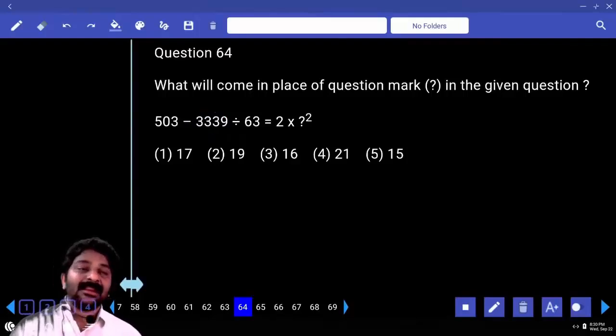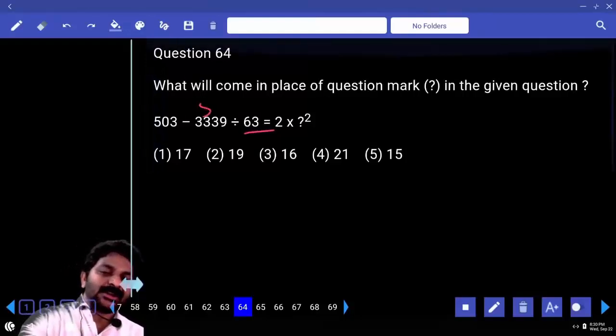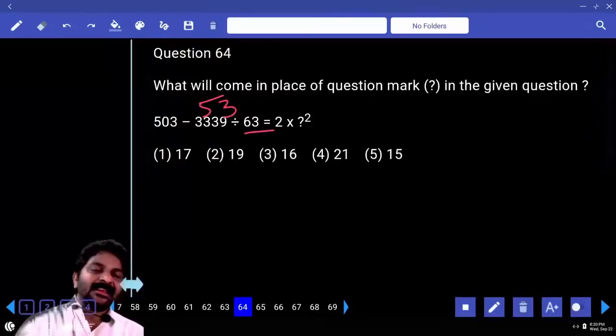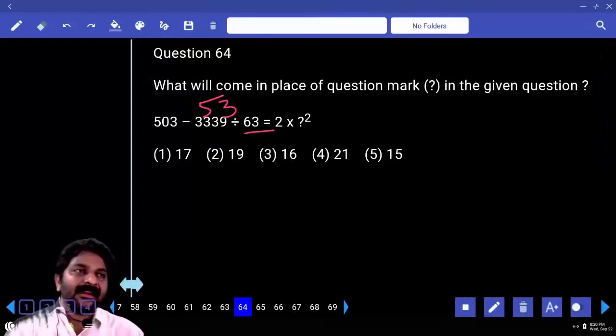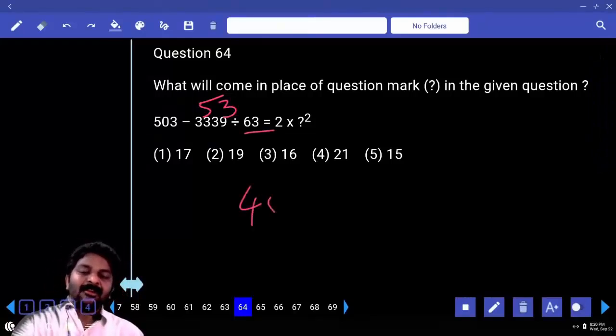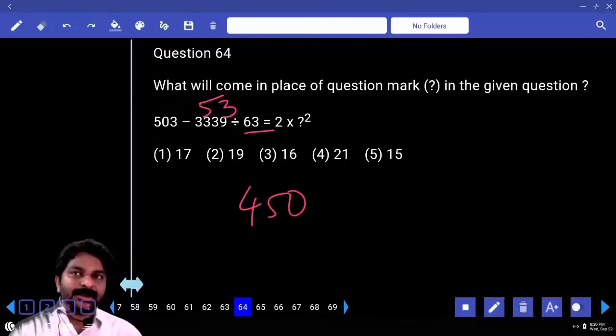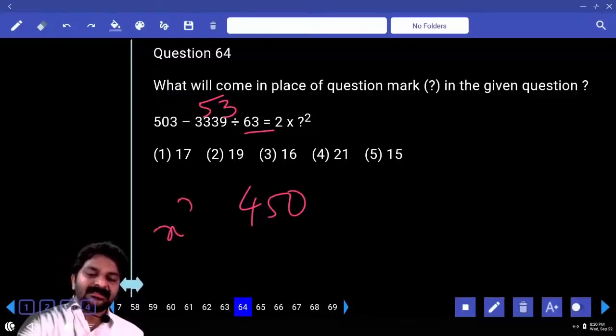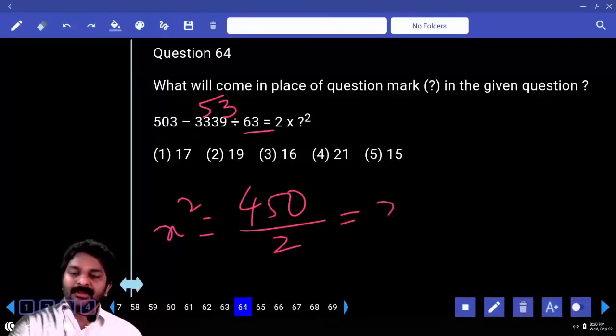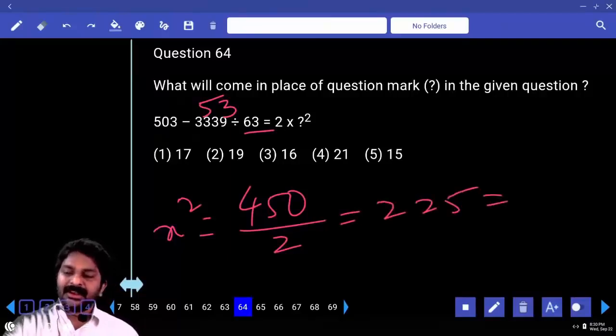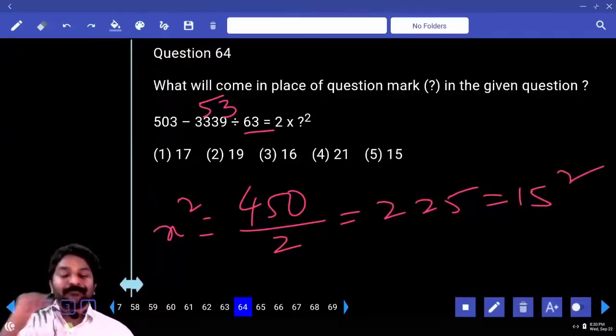And then the other number, 9. 189. 63, how many times? 3 times. That is total 53. 53 is subtracted from 503. Then how much will you have? 450 is equal to 2 into x square. Then x square is equal to 450 divided by 2, which is equal to 225. 225 is which number's square? Yes.